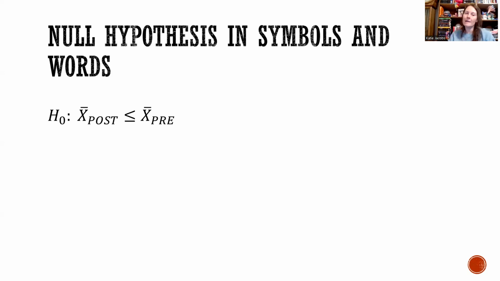When we get to our null hypothesis, we'll have that the mean amount of knowledge that the post-test group has is significantly less than or equal to the amount of knowledge that people had before they read the book. So if this ends up being the best explanation for what's going on with our data set, that means I failed at my job, which is kind of scary.